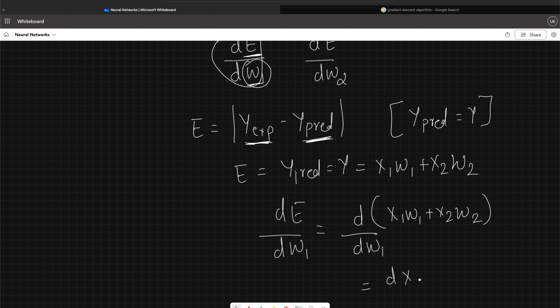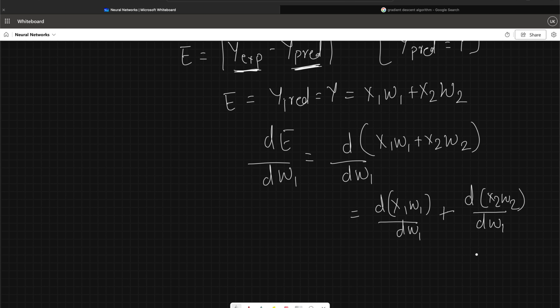What happens? This becomes differentiation of x1 w1 by w1 and partial differentiation of x2 w2 with w1. So the second term becomes 0 and the first term becomes just x1.